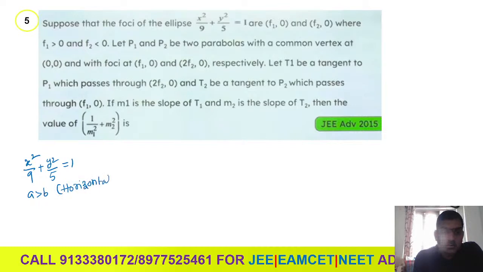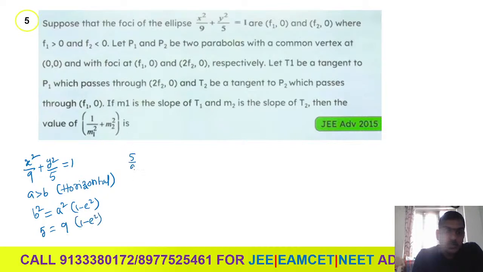What is it? Horizontal ellipse. For a horizontal ellipse, b square is equal to a square times 1 minus e square. What is b square? 5 equals 9 times 1 minus e square.